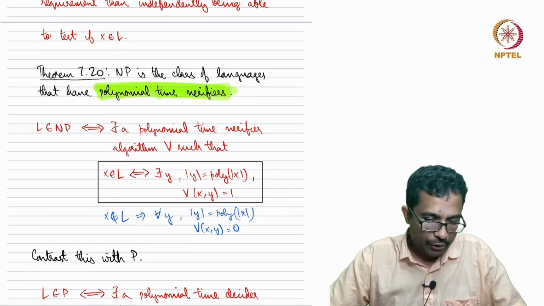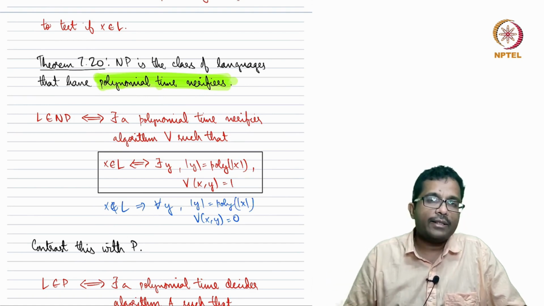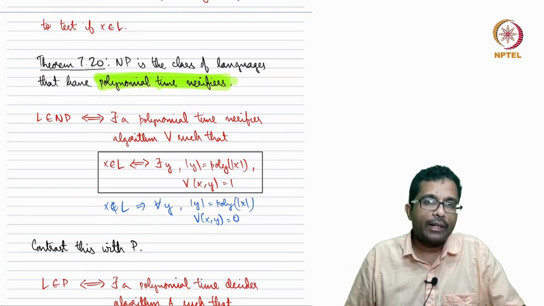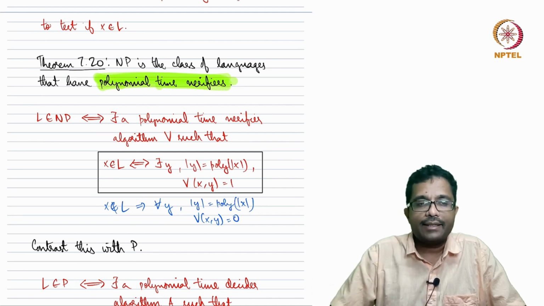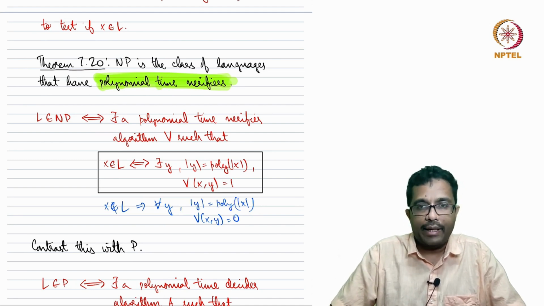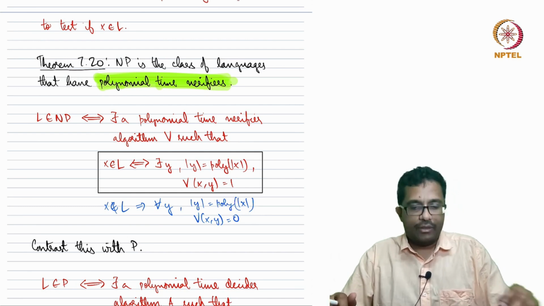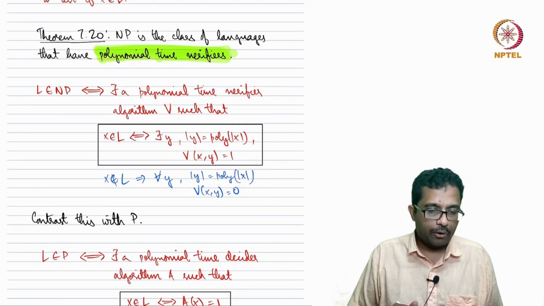What does it mean when I say that L has a polynomial time verifier? There is a deterministic Turing machine V, which runs in polynomial time, which can verify the membership of any string X in the language with the help of a proof string or a witness string Y. So that is the meaning: NP is the class of languages that have polynomial time verifiers.